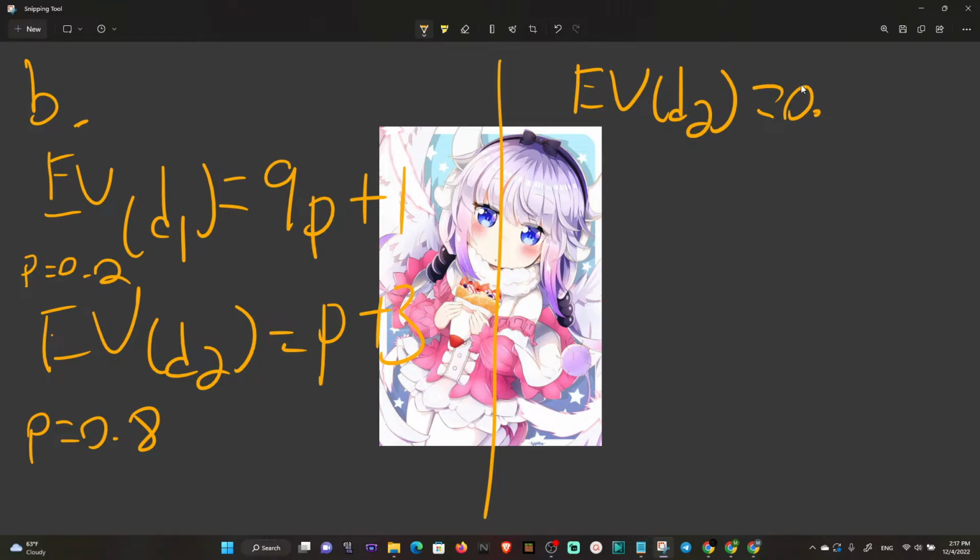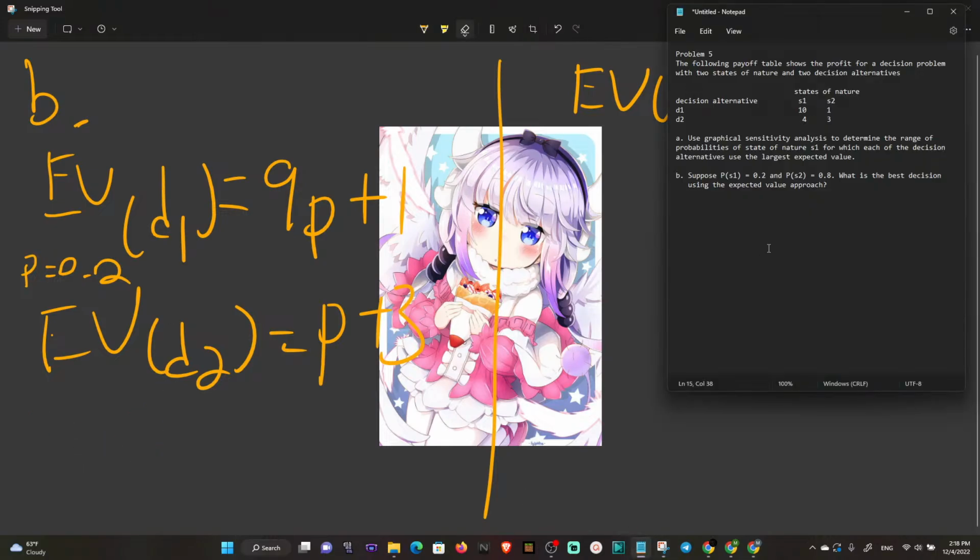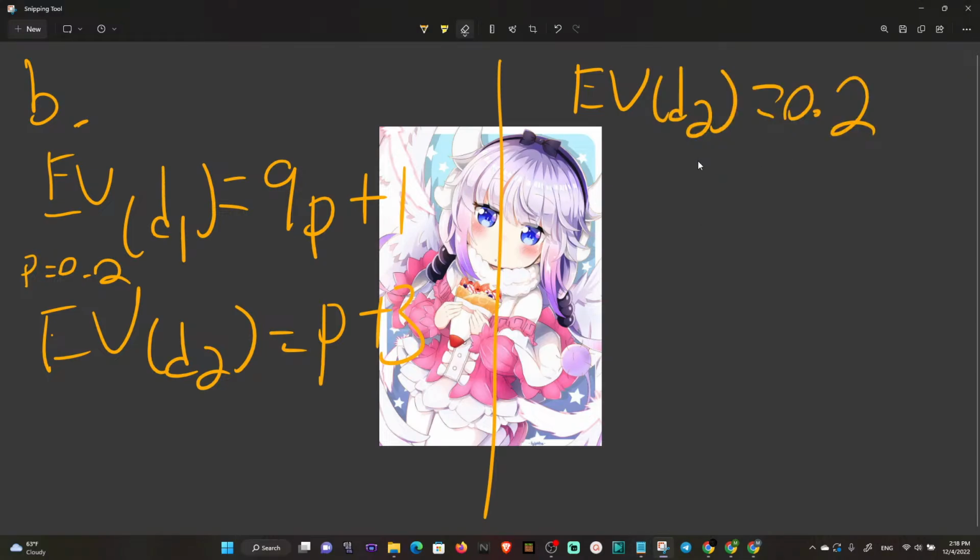Hold on. Yeah, 0.2. I don't know where I got 0.8 from. Was it from the question? Yeah, P of S2. There you go. Okay. That's 0.2 plus 3, which is equal to 3.2. Where'd you get the 3 again?